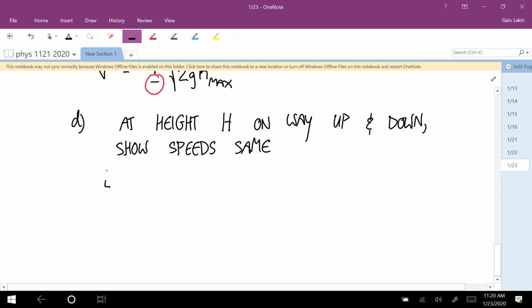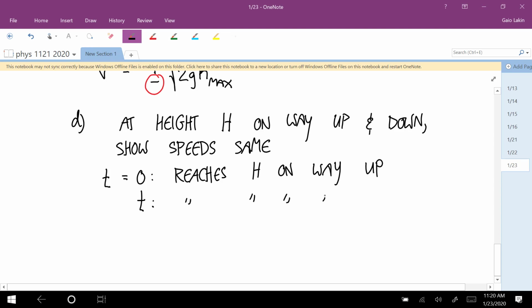Okay, so our time equals 0 is going to be when it reaches the height capital H on the way up. Our time t is when it reaches the height H on the way down.